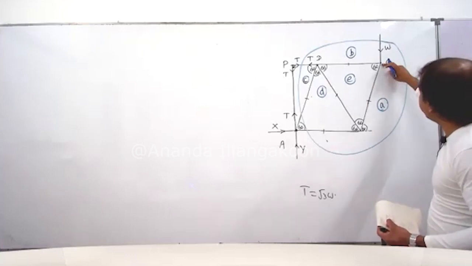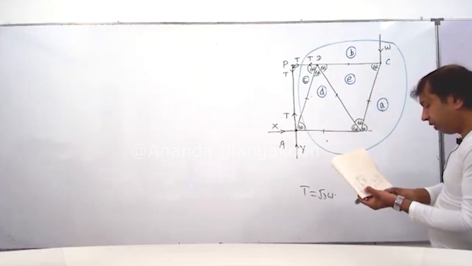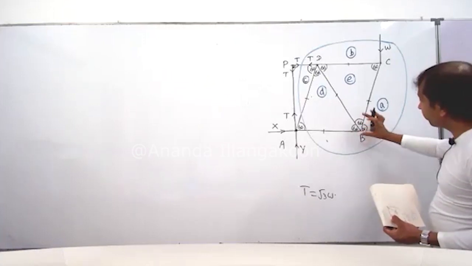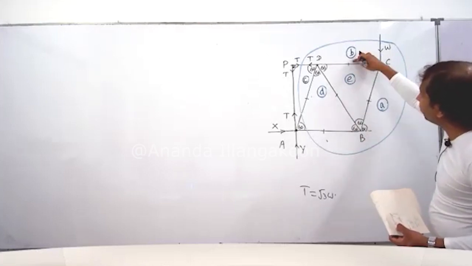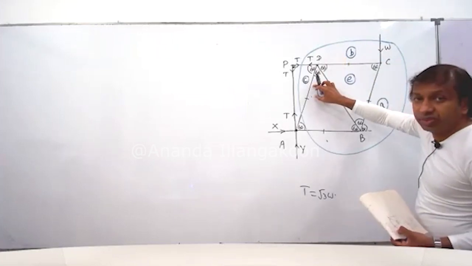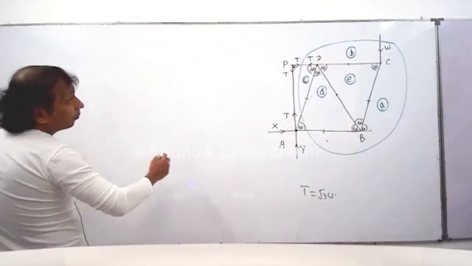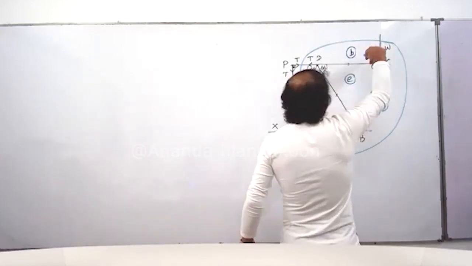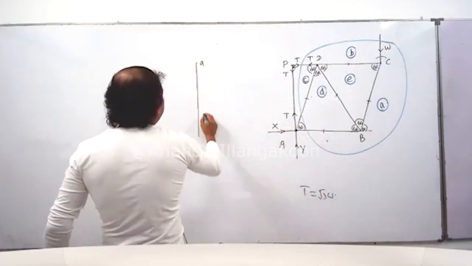After drawing that, you can find the stress in this rod. Then we can come to joint B, because there are two unknown forces, and we can draw the stress diagram here. Then we know the forces in these rods, and we can easily go toward joint D. Then the stress in this rod also comes very easily. Now we can draw it like this: AB, downward W. Come to joint C, rotate in this direction.